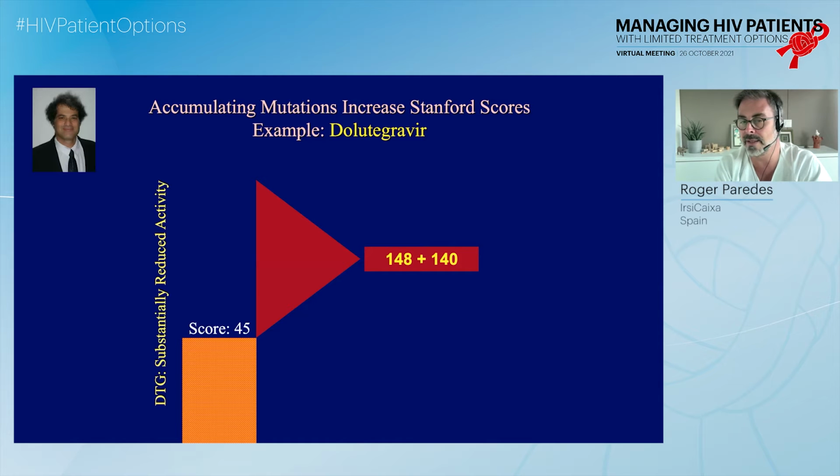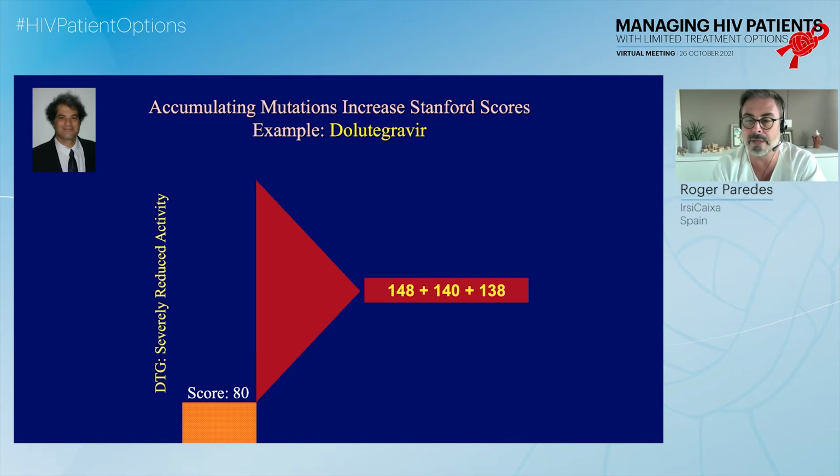If another mutation accumulates, 148 and 140, then the score is 45, substantially reduced activity. And then if we get 3 mutations, 148, 140, and 138, we can get a score of 80, which corresponds to severely reduced activity. Then the Stanford database sets a threshold above which the virus is considered fully resistant.